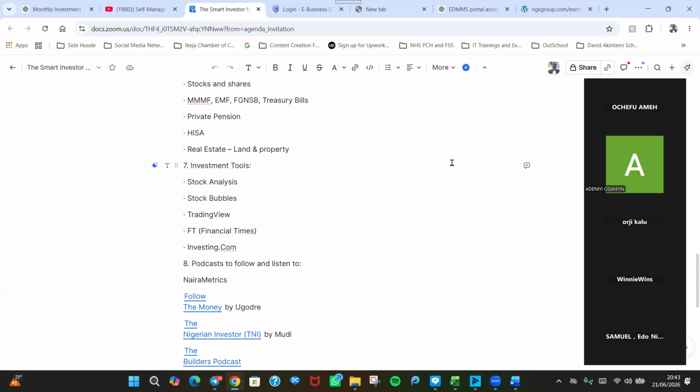If you want to go into stocks, you click on stocks and then it will open the stock website, and then you can do everything about stocks. If you have a pension with them, you just click on pension on the main screen of the app. So it's a one-stop shop. In fact, I've not seen any other app like that in Nigeria.